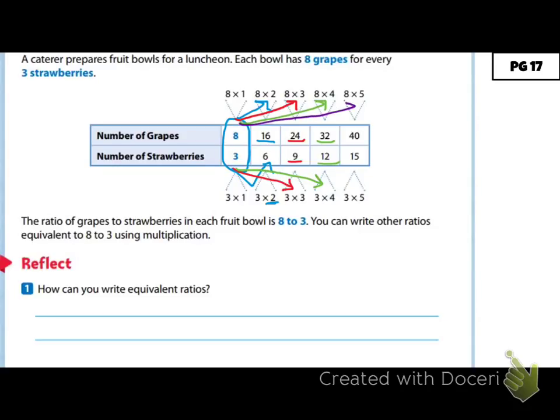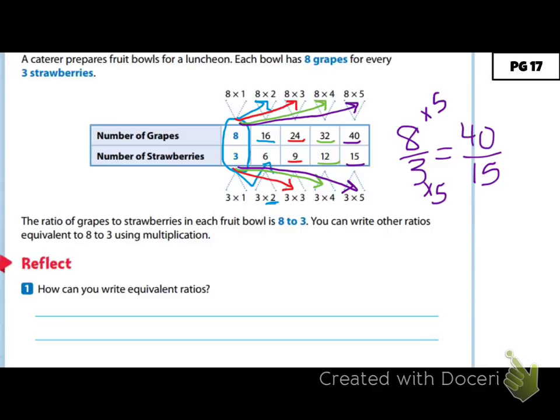So 8 times 5 is 40, and 3 times 5 is 15. So we can say 8/3 is equivalent to 40/15, because all we're doing is multiplying each number by 5 to get our equivalent ratio. So let's reflect.